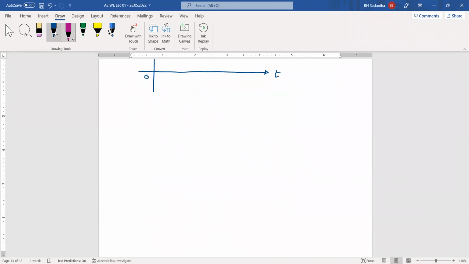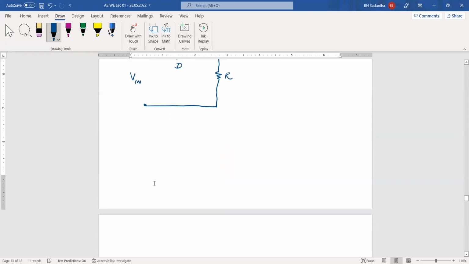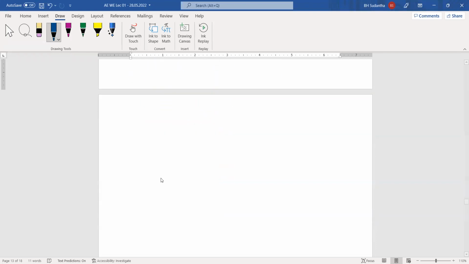Okay, assume that we have a circuit like this, and here we have this diode and this resistor. And we have this Vin voltage, resistor, diode. And can you find out the voltage?